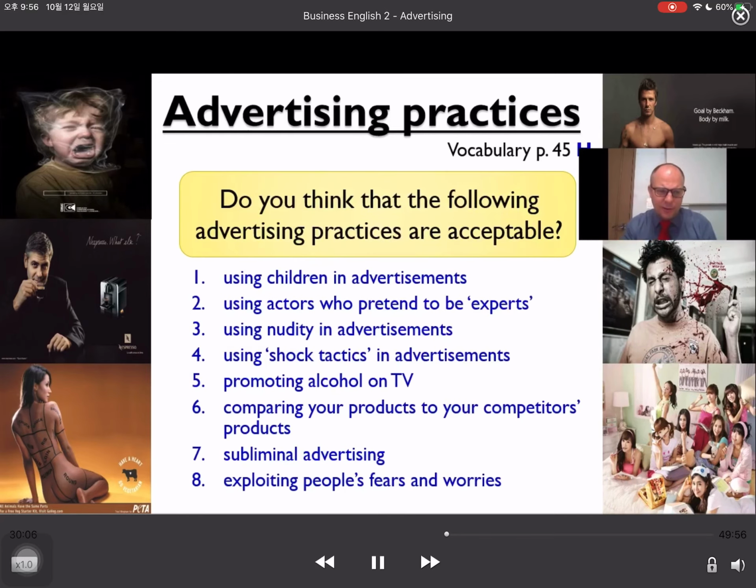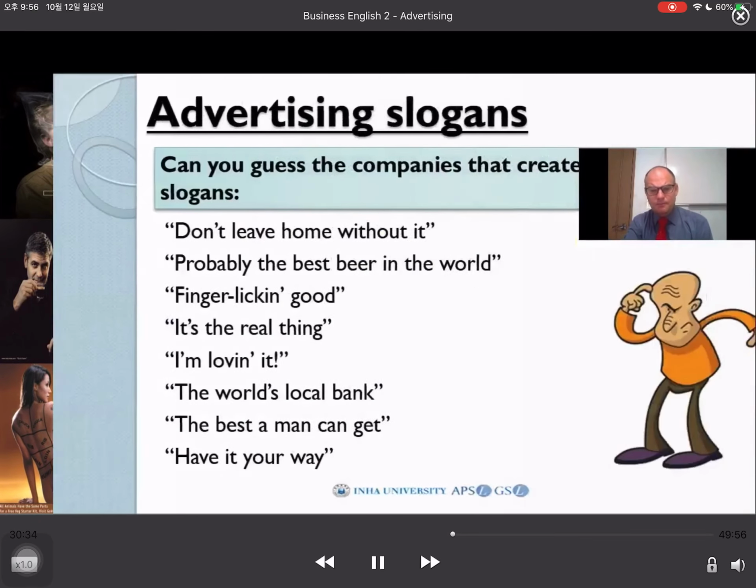Have a read through those and see what thoughts you have on them. Obviously, very, very subjective. Everyone's going to have a different opinion. So make your own opinion of acceptable or unacceptable advertising practices. Okay, quite a difficult one that, but once you finish, make some notes and move on.